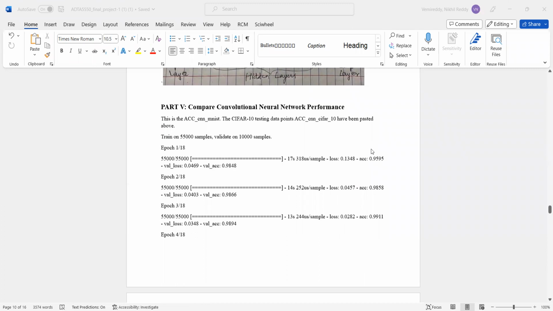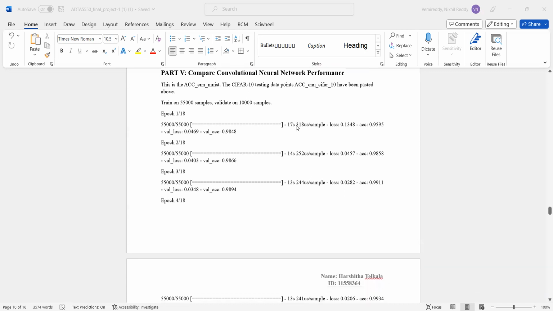Coming to part 5, which is comparing the convolutional neural network performance. Here we are comparing the accuracy data points of ACC_CNN_MNIST, which is in assignment 4, with the CIFAR-10 data accuracy.